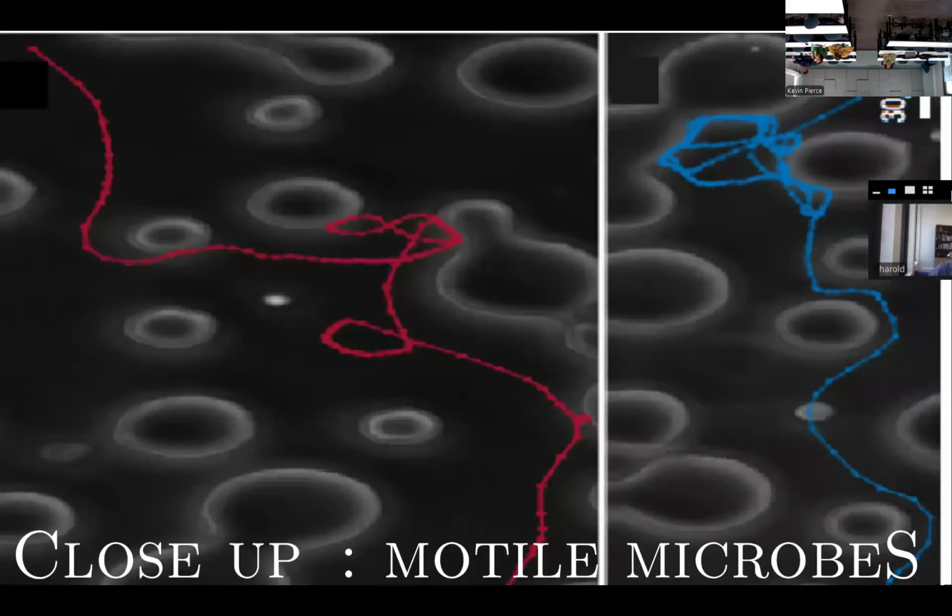Here are examples of trajectories we can record, and you see that from time to time the bacteria leave the channels and go on the surface of the grains, stay for a long time on the grains, move between grains, and then eventually go back to the flow.